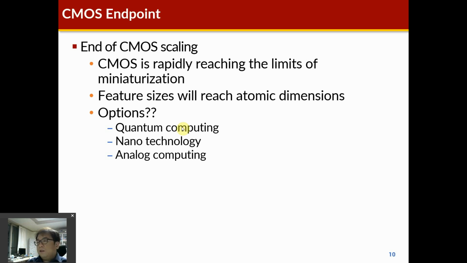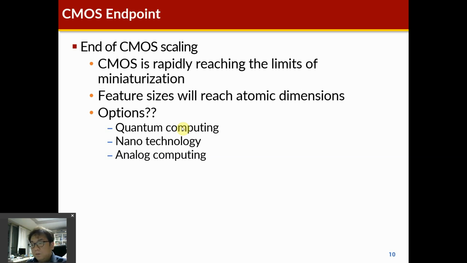So we expect that in the near future, the CMOS scaling will end. And what will happen? That means Moore's law is ending in the near future. And that also means it's very hard to increase the performance of computer processors, or to make better processors.